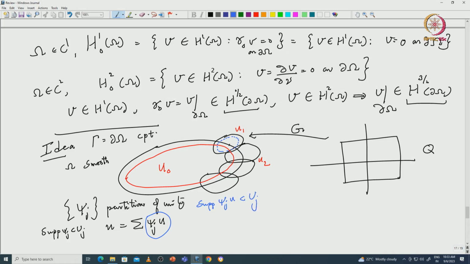So, using this map you can define, so it is defined here also. So, you can take this boundary value. So, start with u in smooth, then you extend it, that is enough. So, you have your u and then you take this u here via g.